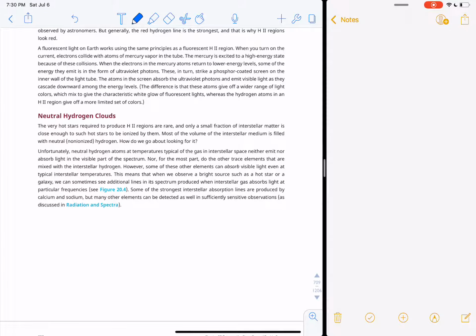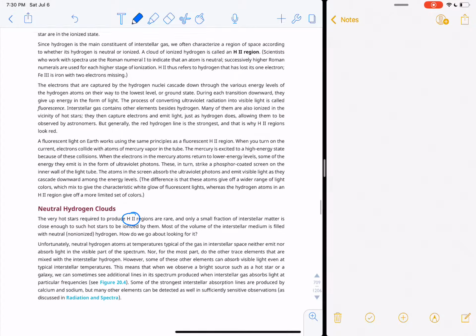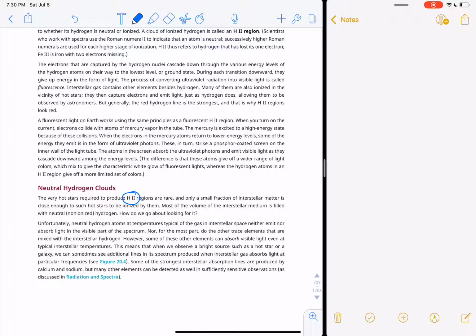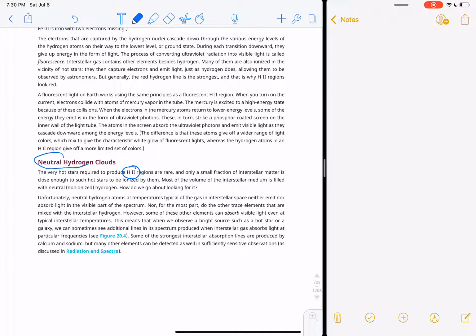Okay, so in order to get the ionized hydrogen, this is what we call H2, you need to heat up the hydrogen before you get that. So the neutral hydrogen clouds are where the gas between the stars is a little bit cooler. Only a small fraction of the interstellar medium is close enough to stars to be ionized.